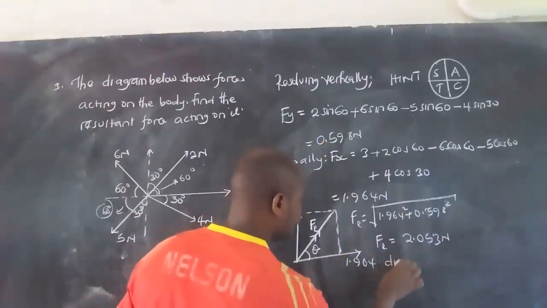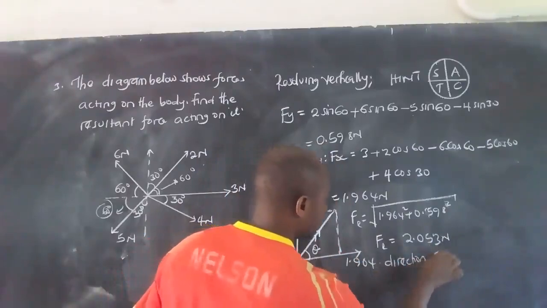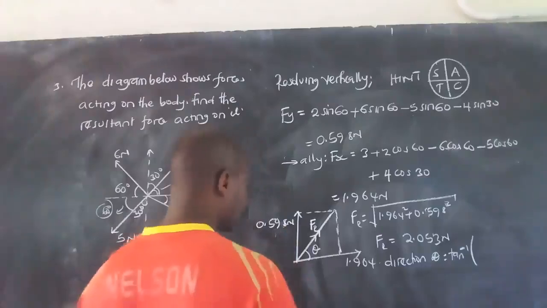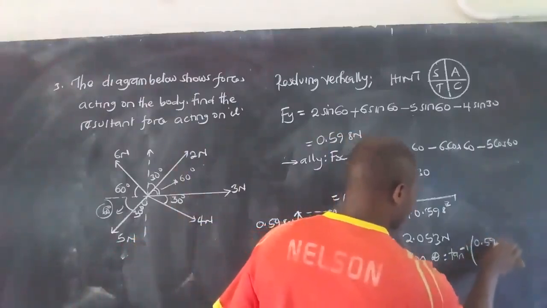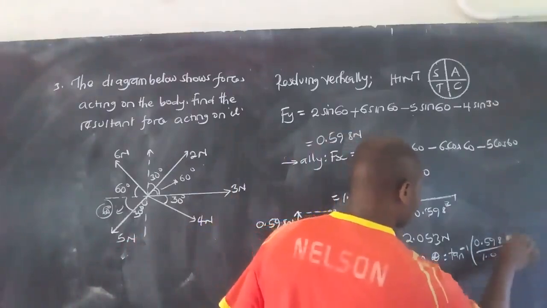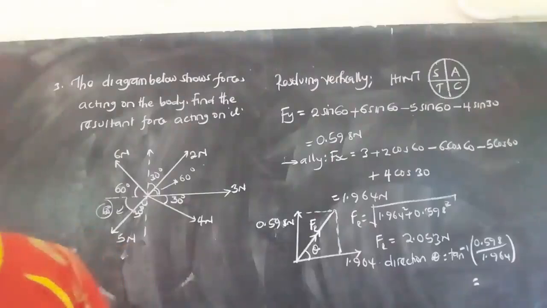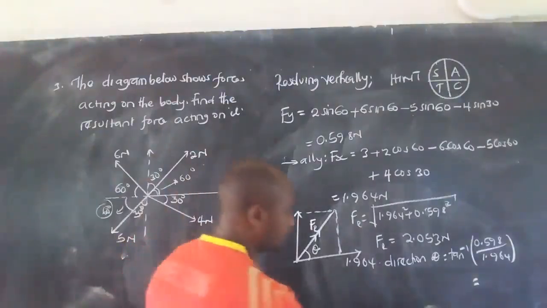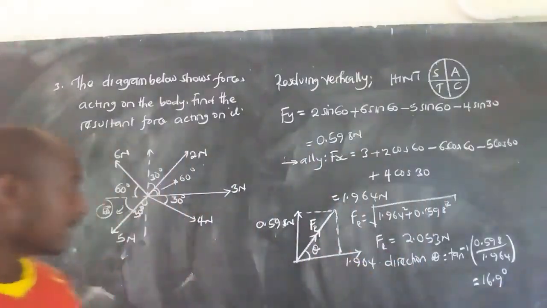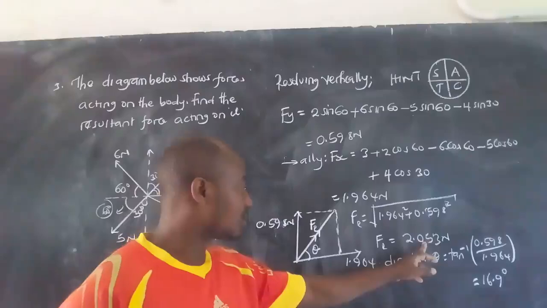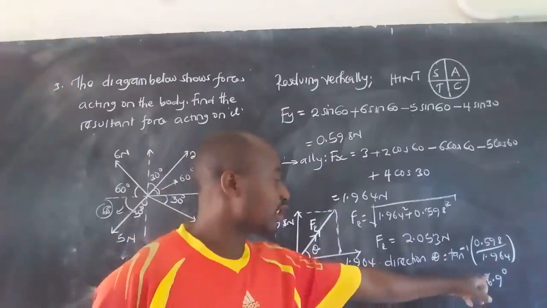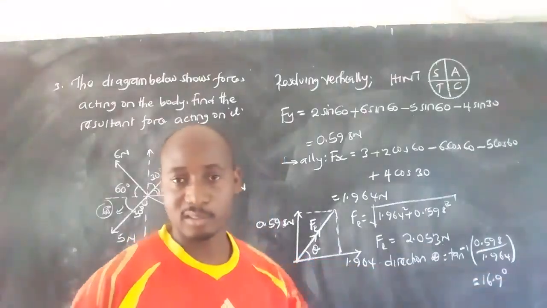And the direction theta will become tan inverse of the vertical component, which is 0.598, over the horizontal, which is 1.964, giving us our answer as 16.9 degrees. So you conclude and say the resultant force is 2.053 newtons acting at 16.9 degrees to the horizontal.